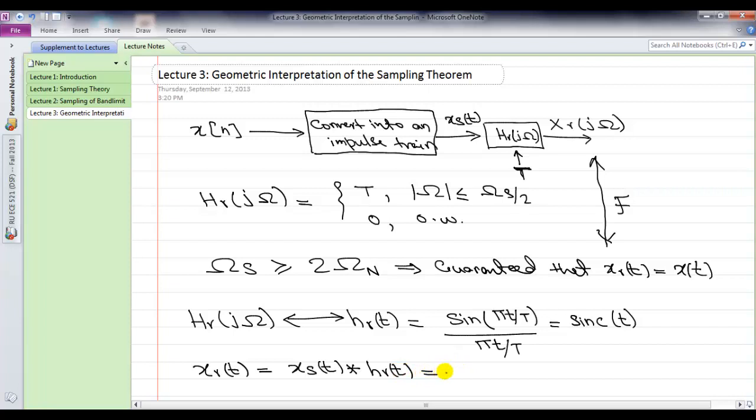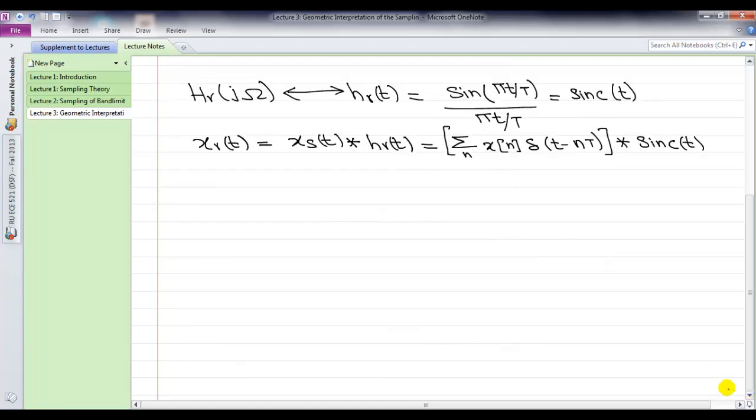Now, hopefully you remember how we construct this impulse train. That is simply given by summation over n. We just take the samples and place them at a distance of T seconds. So we have this convolution with sinc of t, because hr(t) is the sinc. Since convolution is a linear operation, we are simply going to take this inside.